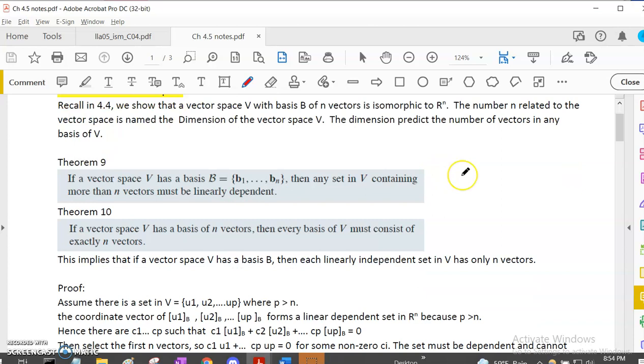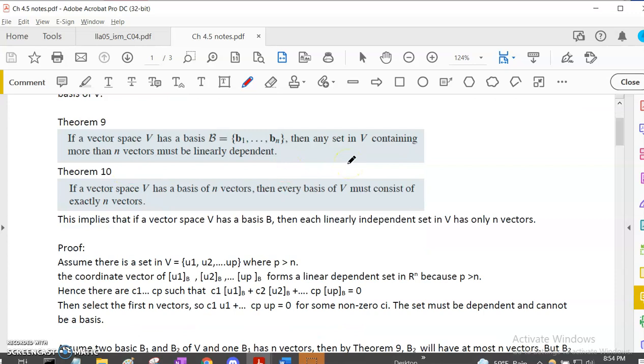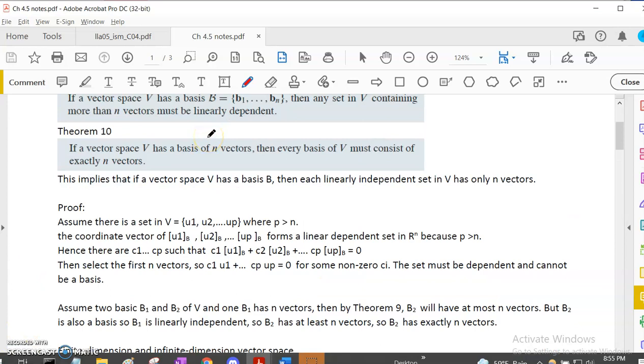So then we have two theorems to determine this. One is any other vectors containing more than n vectors must be linearly dependent. So this is actually a result of the fact that all vectors can be written as a combination of B1 to Bn, and if you have more than that, you can actually make a dependent set.